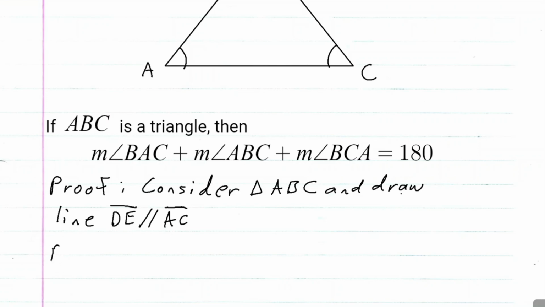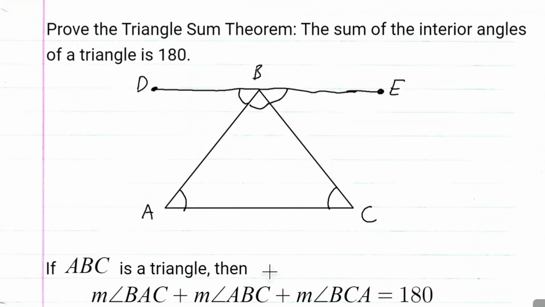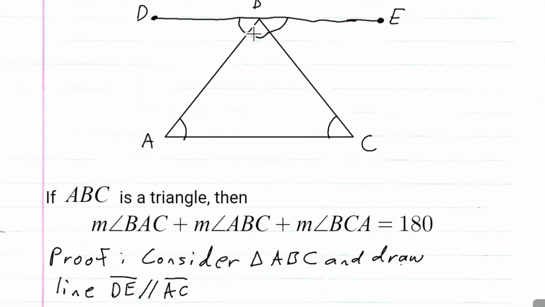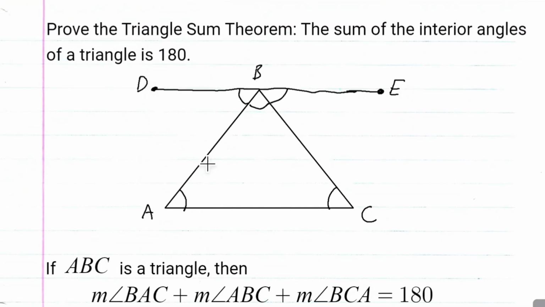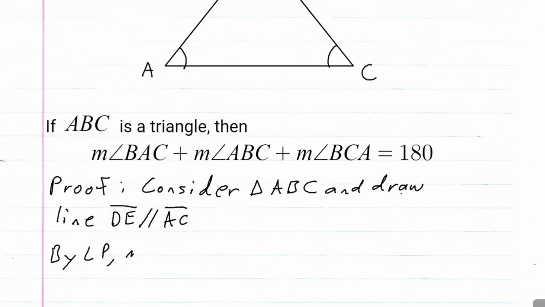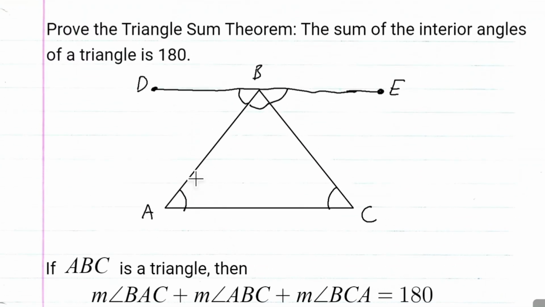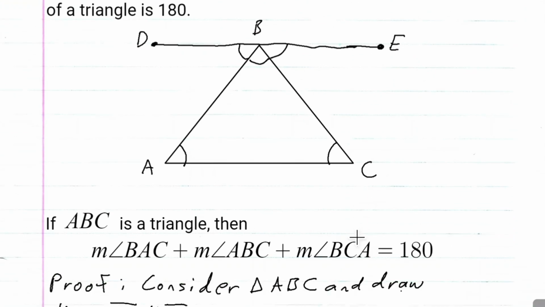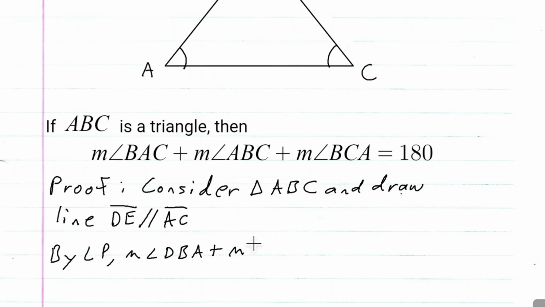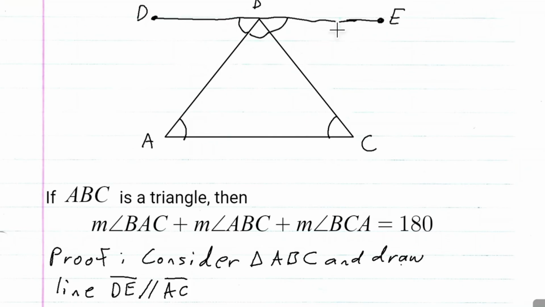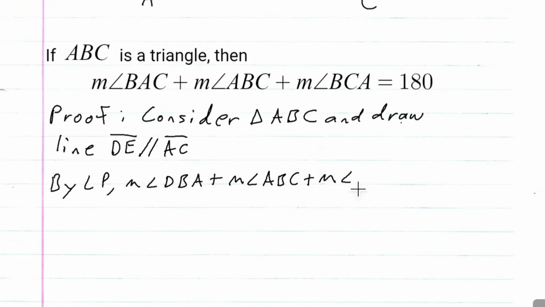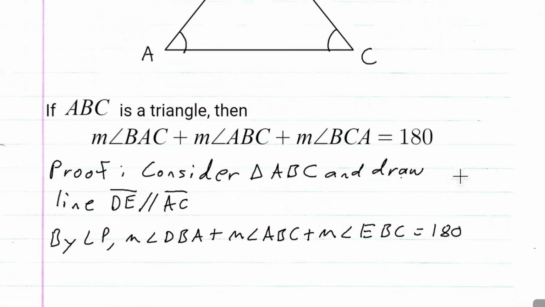By linear pair, I know that the measure of DBA plus the measure of ABC plus the measure of angle EBC is equal to 180.